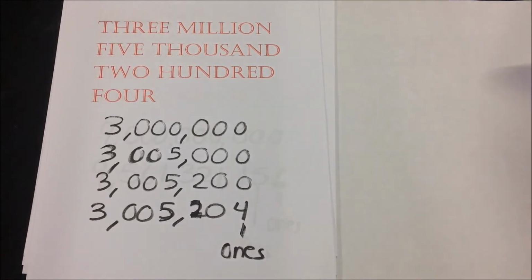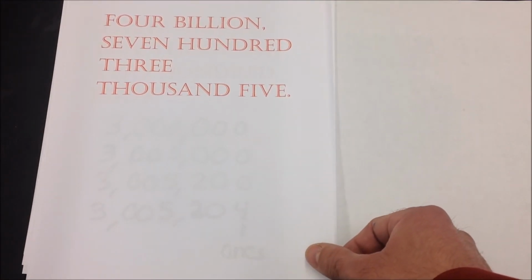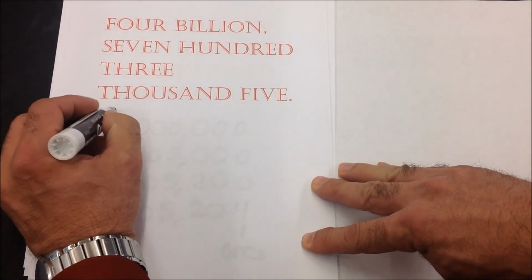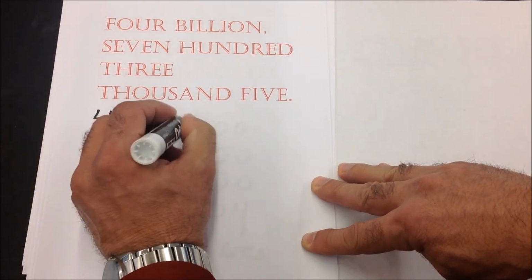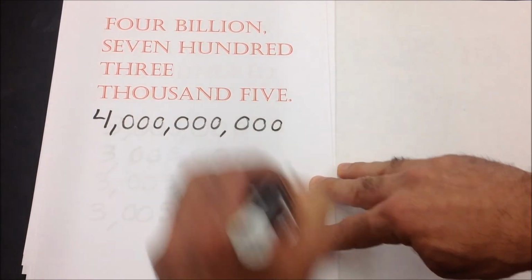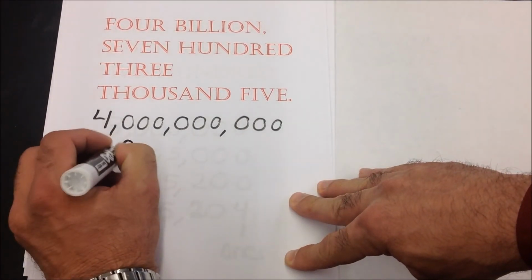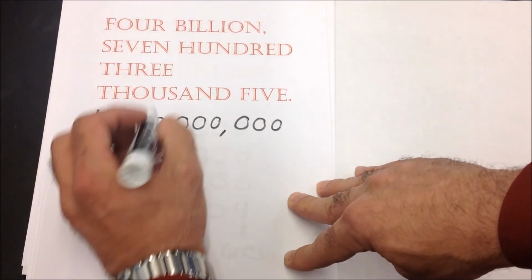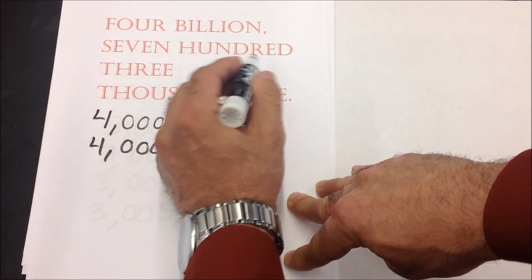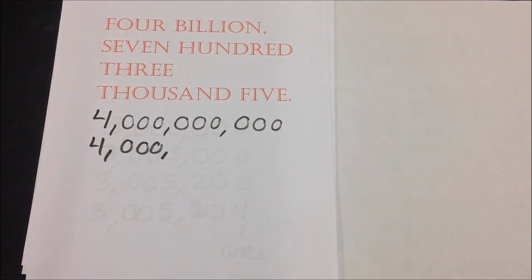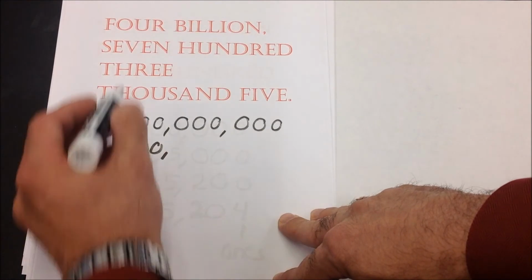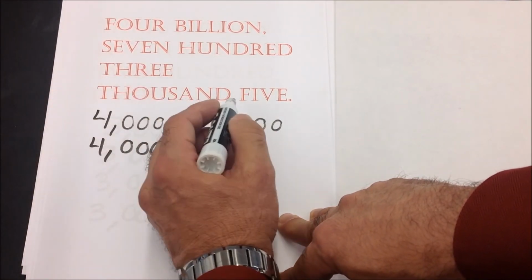Let's do one more. That's in word form. Write that in standard form. So again, you can follow the steps. We need 4 billion. That's 4 billion. Now we need 703,000.